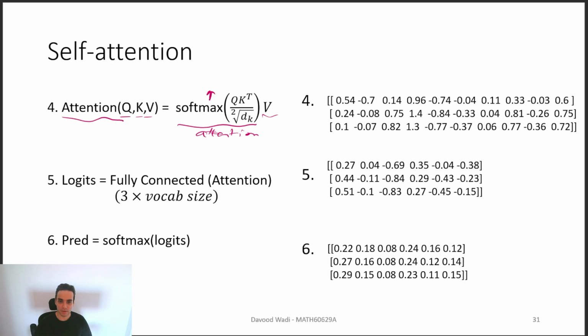If we remember, the output of the softmax was a 3 by 3, and if we multiply that by V, which is a matrix of size 3 by 10, these are T's, and 10 is D model, we'll end up with a matrix of size 3 by 10. 3, the number of rows, 10, the number of columns.